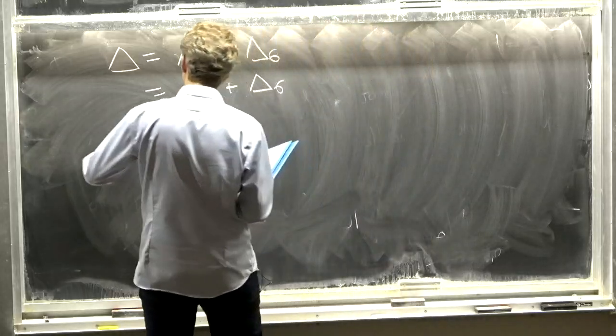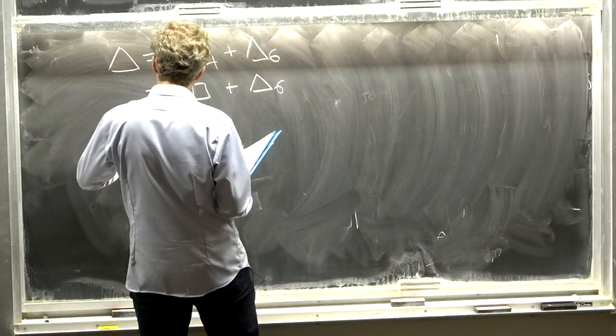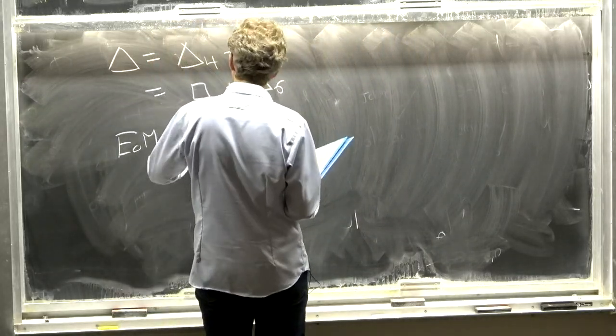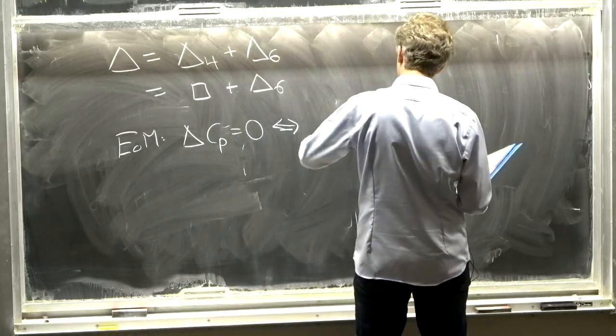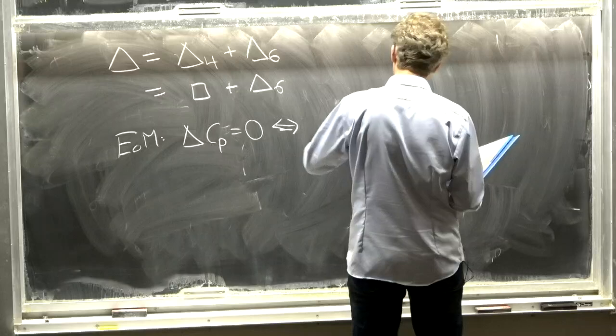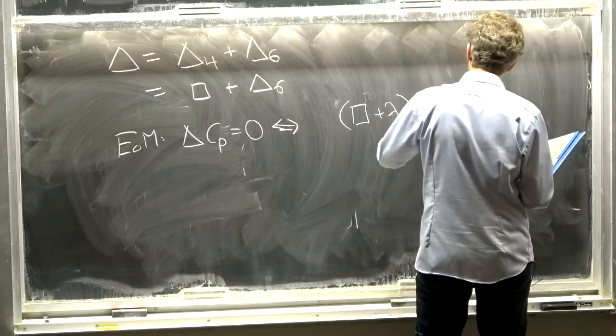And so now if I look at the equation of motion, delta Cp equals 0, that corresponds to box plus lambda phi equals 0.